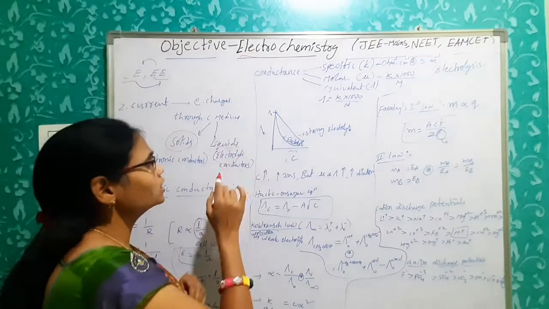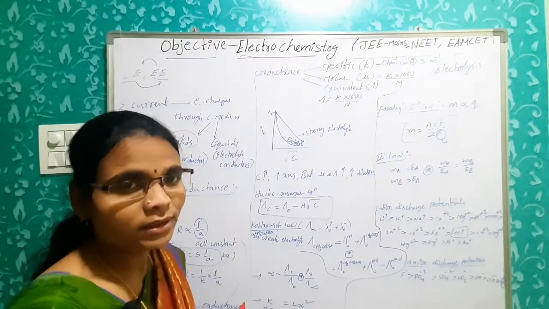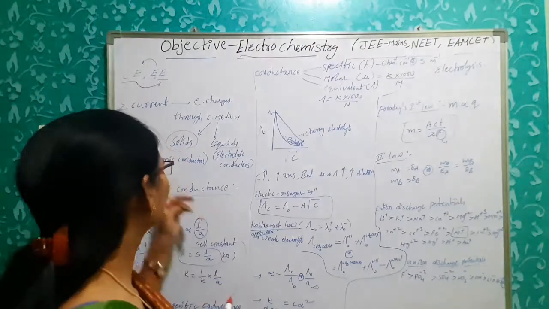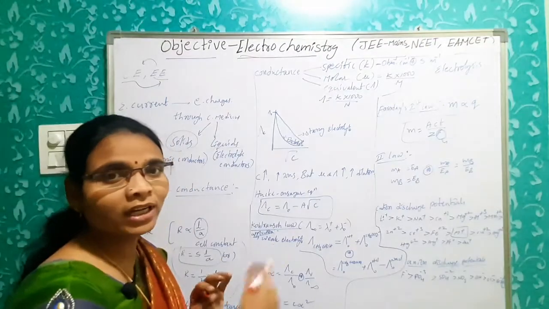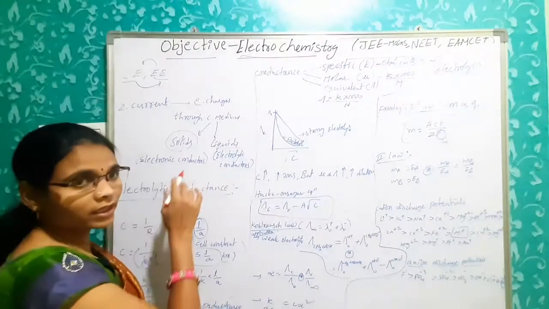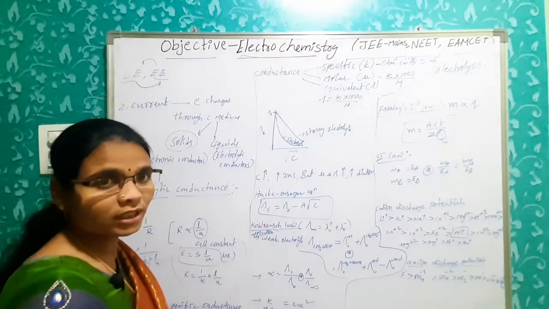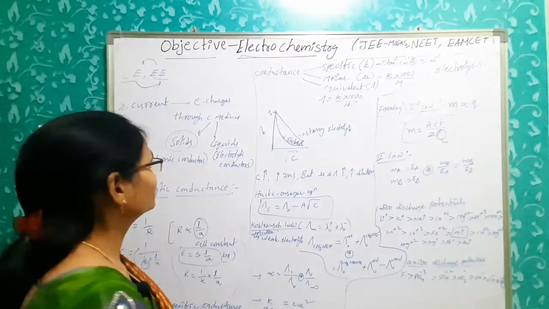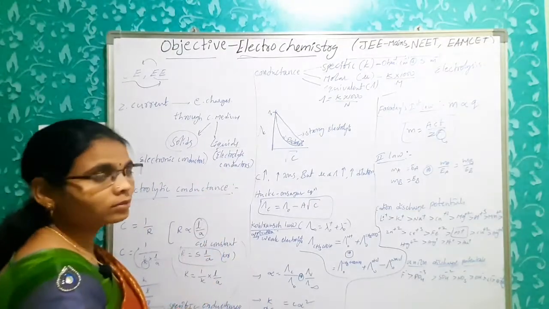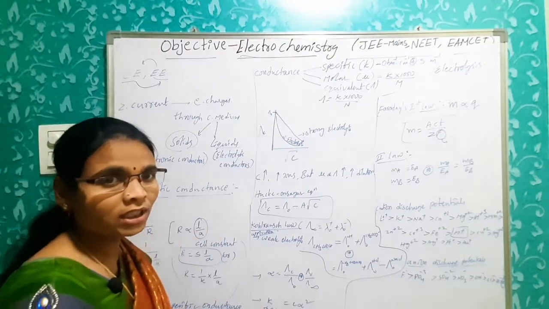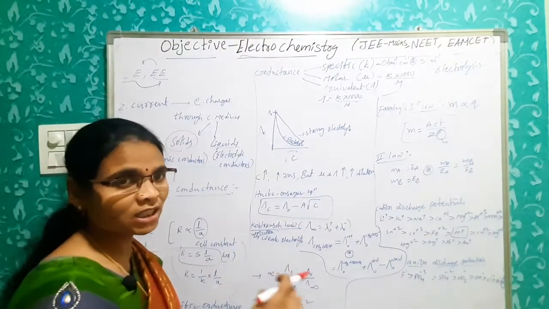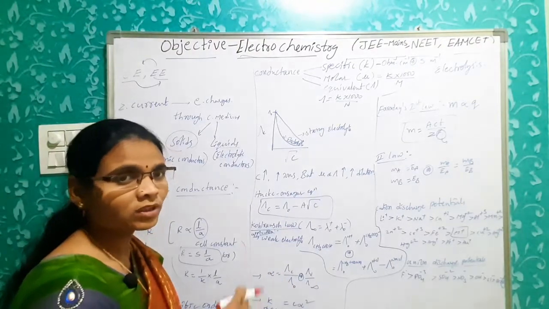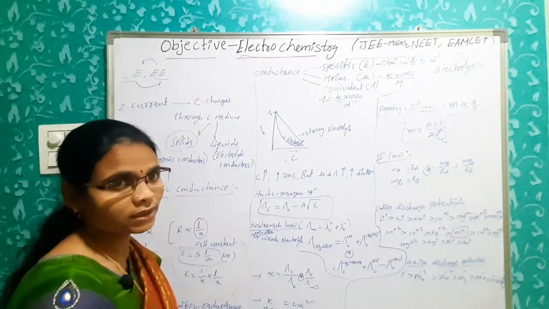If they are liquids, electrolytic conductors. The best examples of electronic conductors are metallic wires, aluminium wires, copper wires. Electrolytic conductors are substances in liquid state that allow the passage of electricity through them.